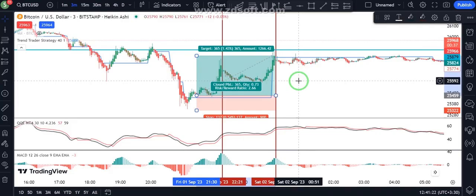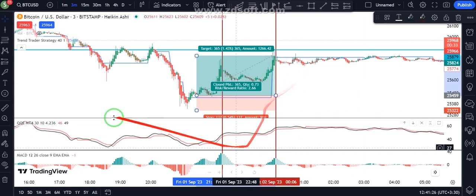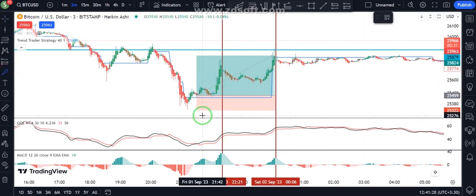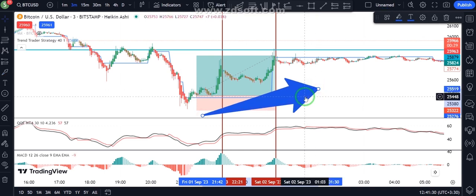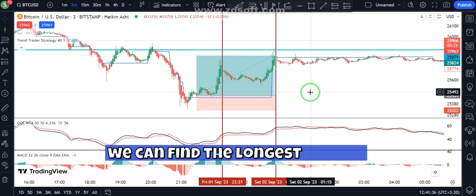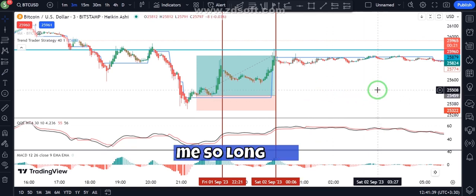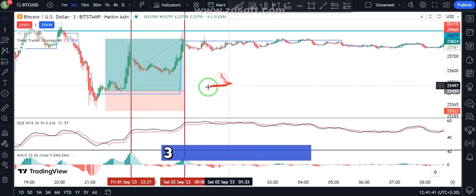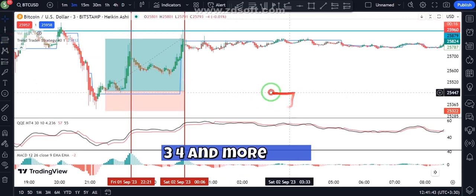I wait for target 3 or more because I sense the trend is still increasing. We again find the longest bar of the MACD histogram for targets 3, 4 and more.